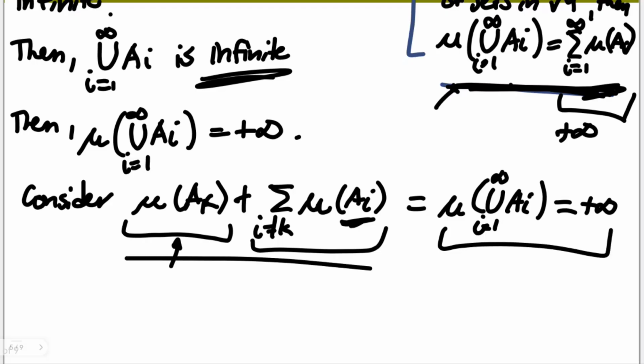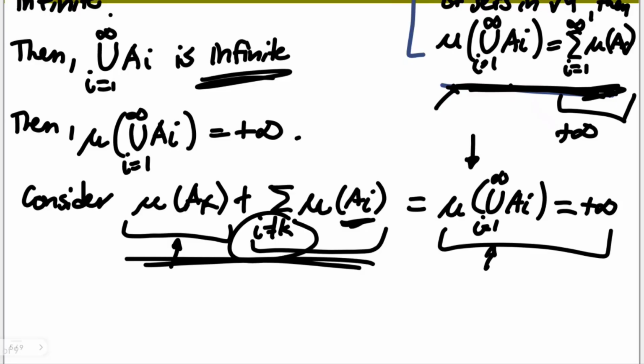We need to show this is also positive infinity, by separating the two forms of this, because as we remove a certain k, we will have here the mu of a sub k. They must be equal to one another. Now what is the mu of a sub k?